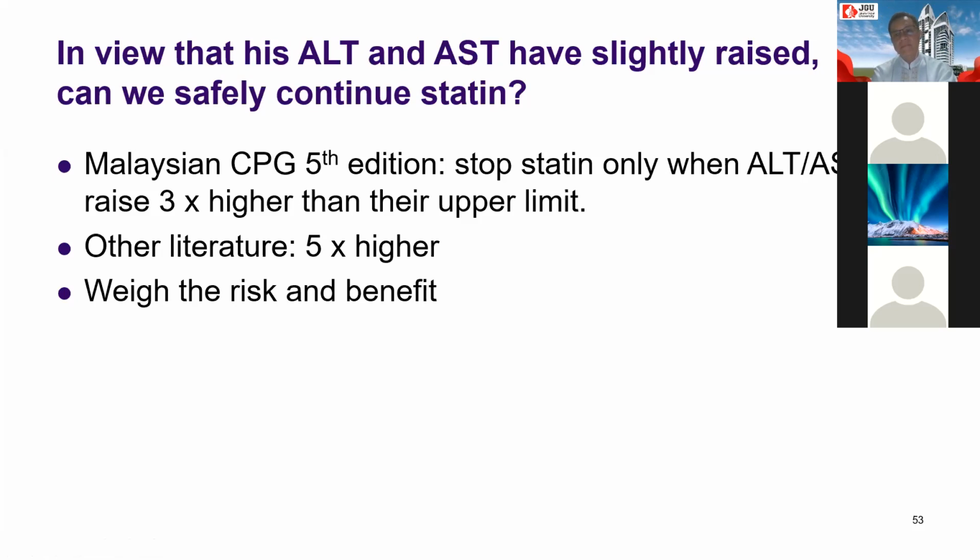Ezetimibe, the combination is with atorvastatin, I think. Ezetimibe, there is a combined one with simvastatin, right? There's a combination with simvastatin, but any statin.